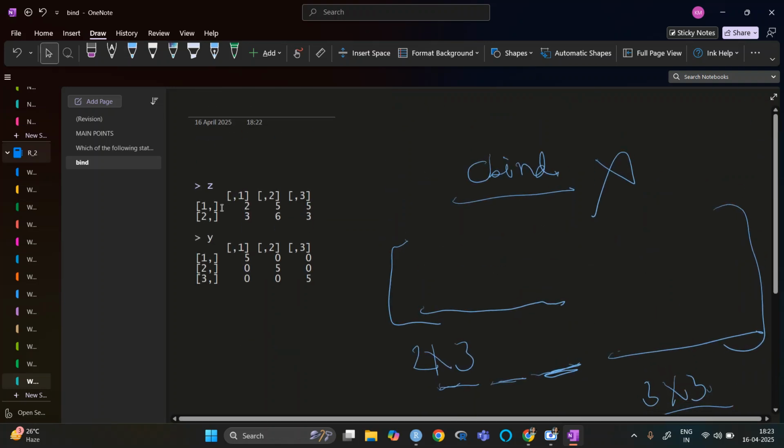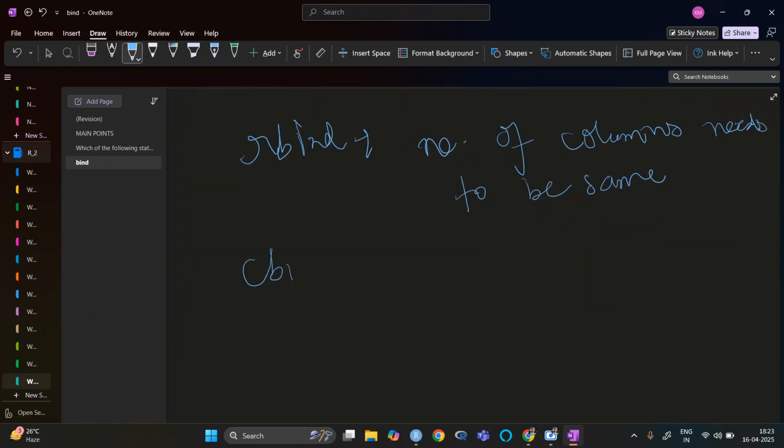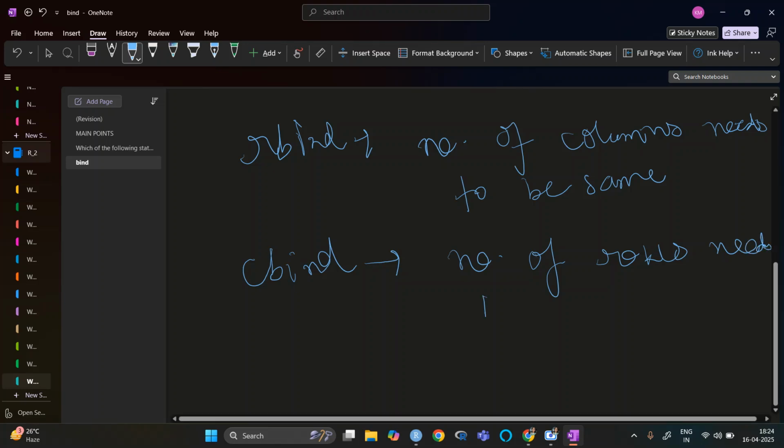As you can see, the number of rows here are different. Here there are 2 rows, here there are 3 rows. And for cbind, the number of rows.